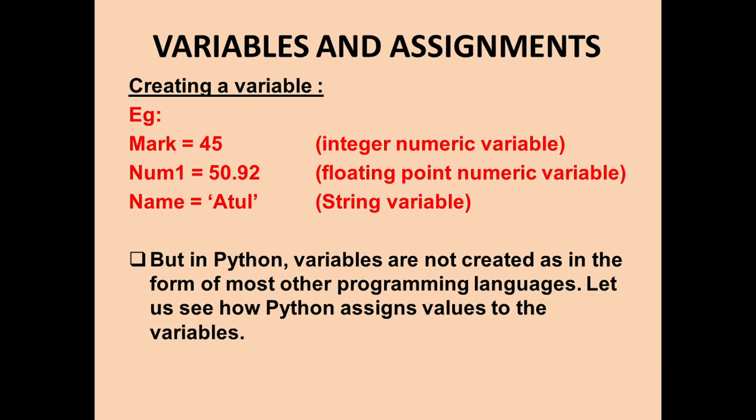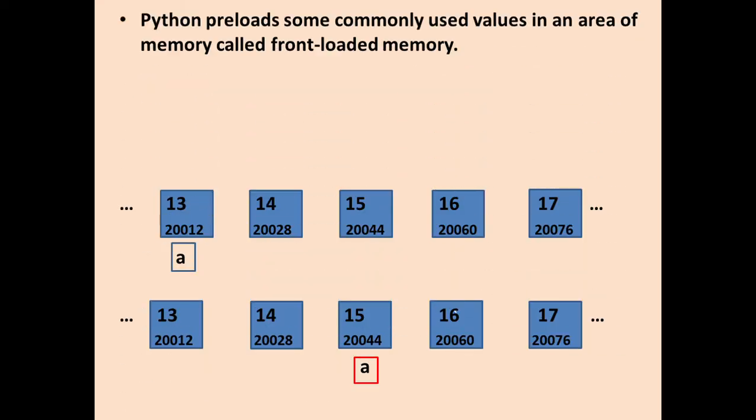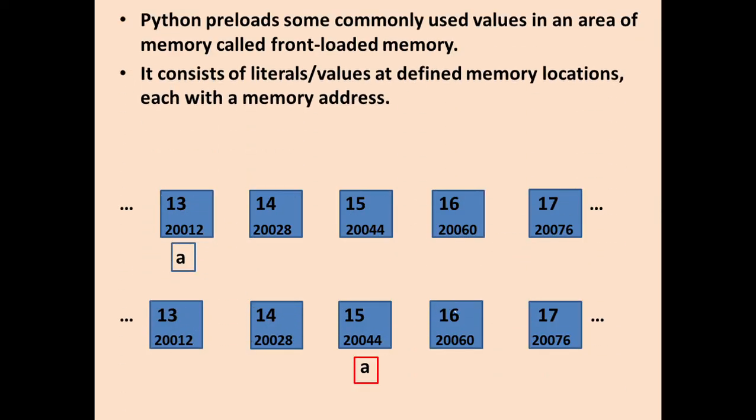But in Python, the assignment is done in a different way. Let us see how. Usually, Python will preload some commonly used values in an area of memory. So that memory area is called preloaded memory. So it will contain some literals or values at some defined memory locations.